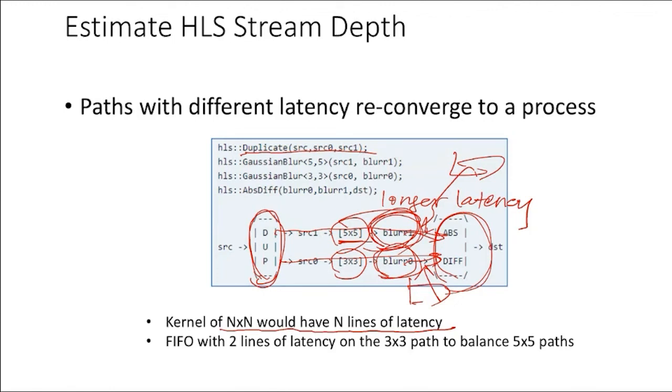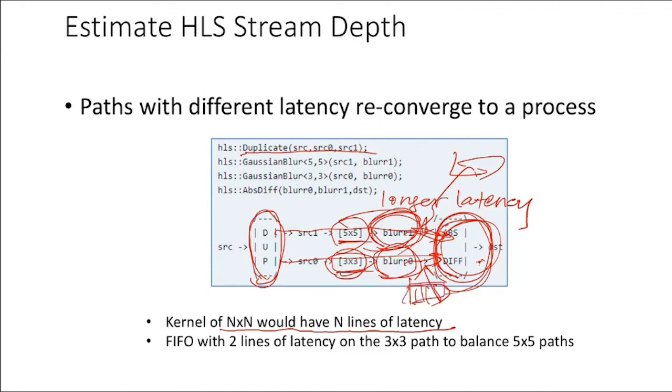Oh, okay. Yeah, because 3 by 3 takes a shorter latency, and this thing cannot stop until the 5 by 5 produces the data, right? And this bottom one takes a shorter latency, so you need to buffer it, because this thing cannot read until it waits for the upper one. So you need a place to save it.